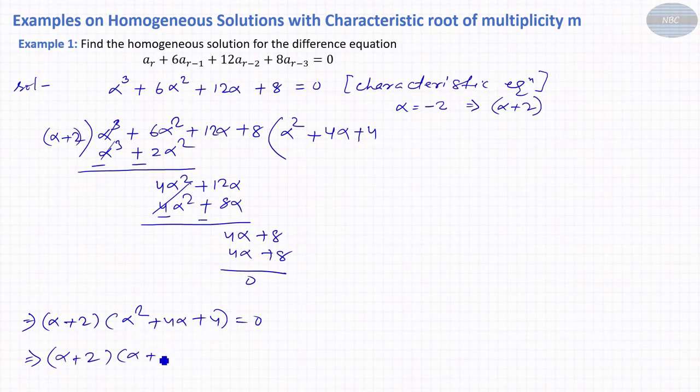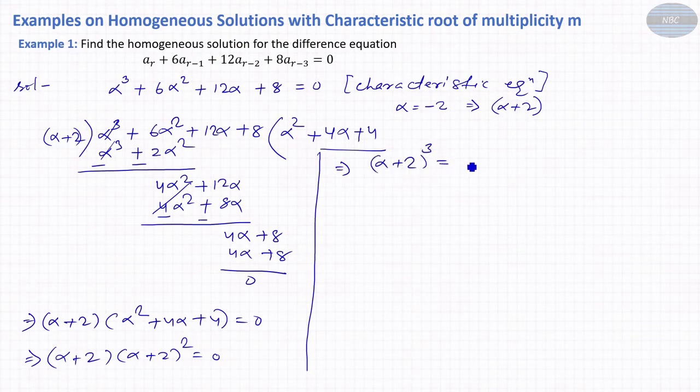So this is alpha plus 2 whole square, which implies we have alpha plus 2 whole cube is equal to 0, which implies alpha is equal to minus 2, minus 2, minus 2.